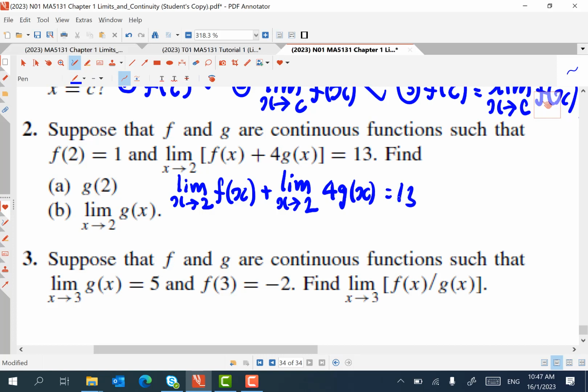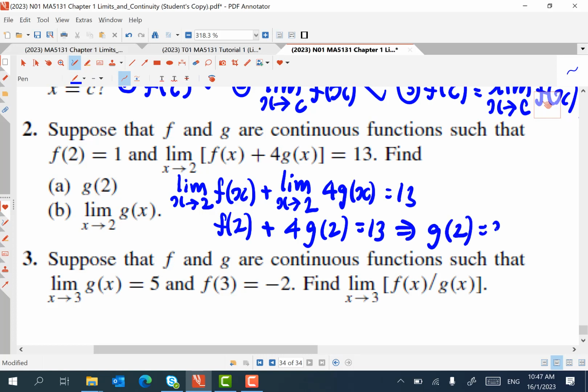And because f of 2 is 1, this is going to be f of 2, and this is going to be 4 plus 4 g of 2, and therefore g of 2 is equal to 3.